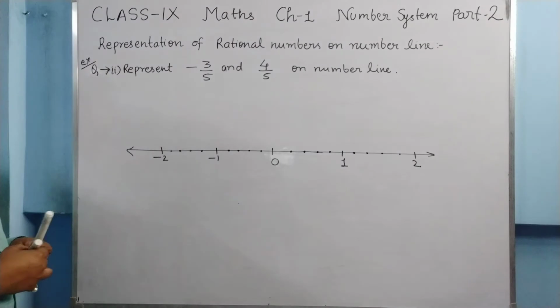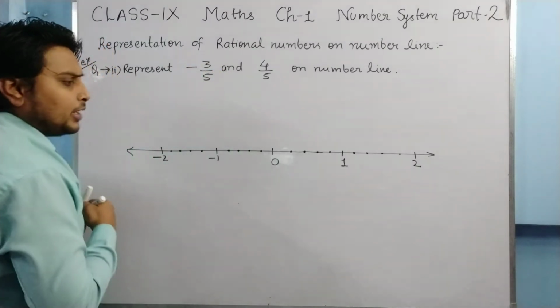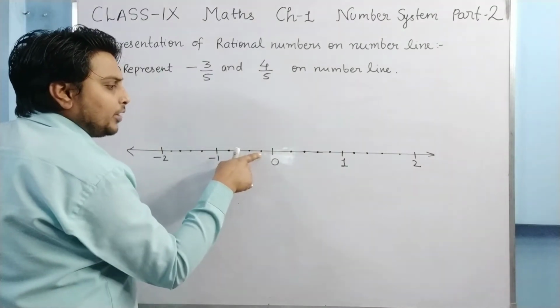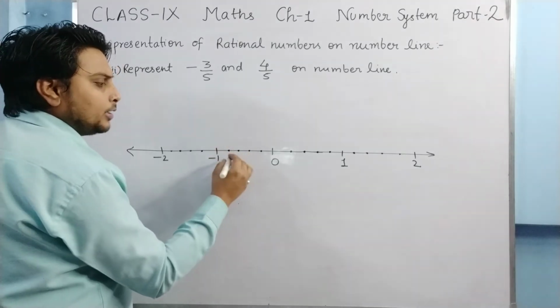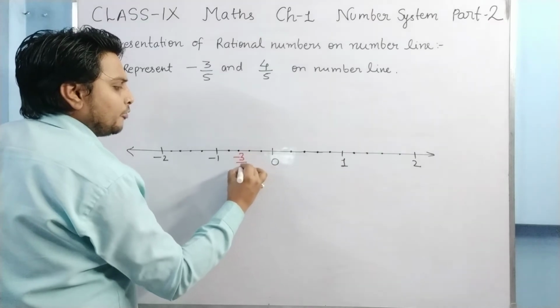Now we have to represent minus 3 by 5. This point represents minus 1 by 5, this point represents minus 2 by 5, and this point will represent minus 3 upon 5.